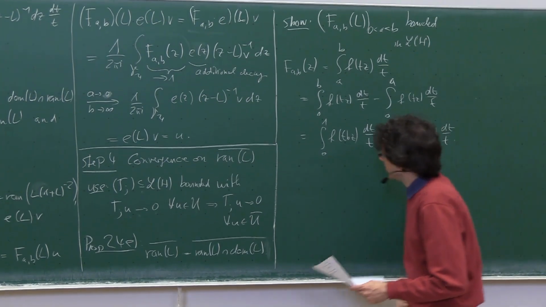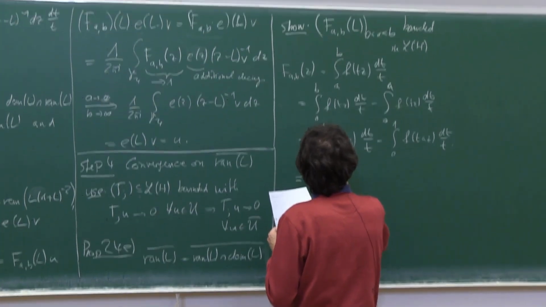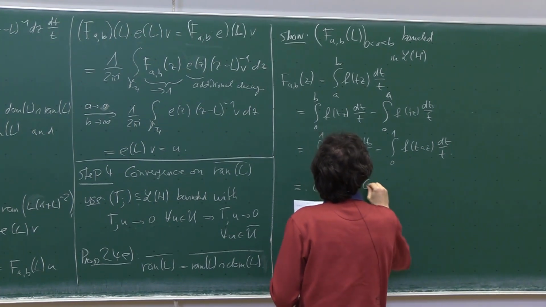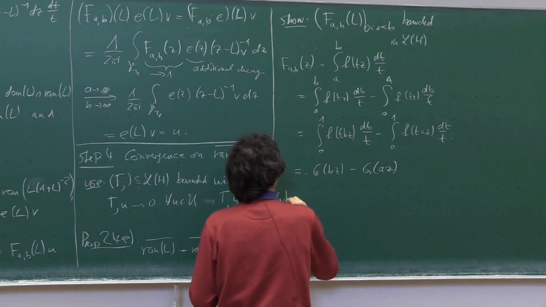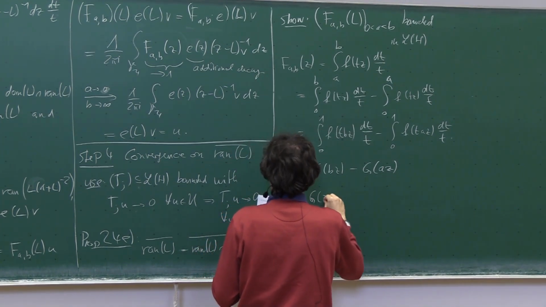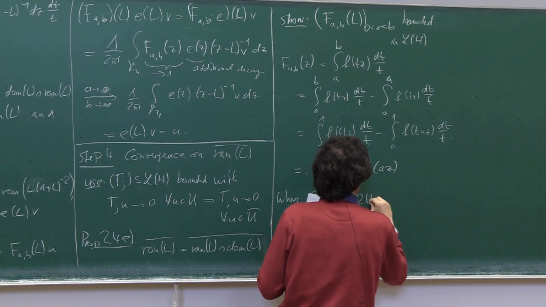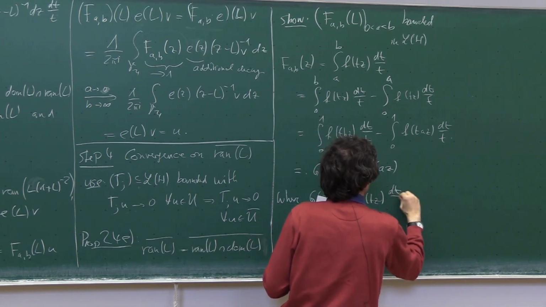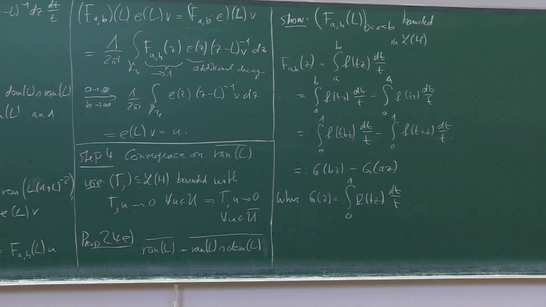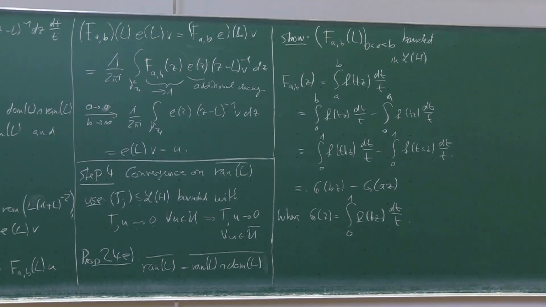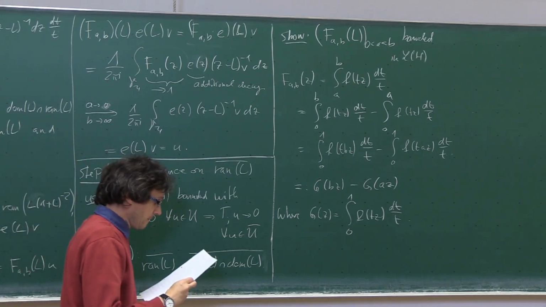Okay, and I will write shorthand for this. This is g(bz) minus g(az), where g(z) is defined as the integral from 0 to 1 of f(tz) dt over t. So somehow I put the a and the b in the argument instead of the limit of the integral.